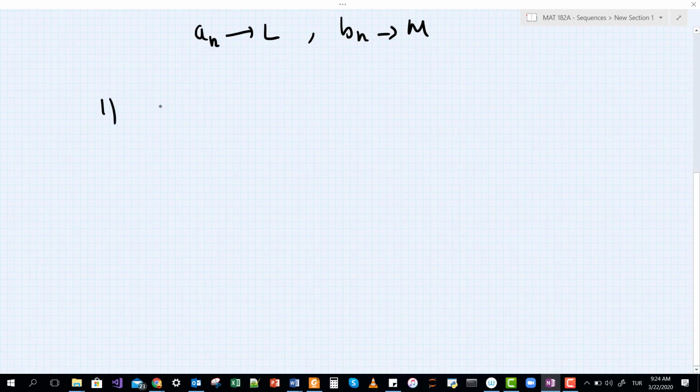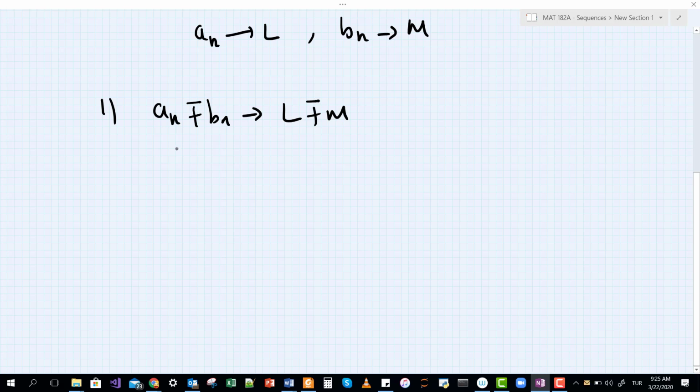If you want to know where they would go when you add them, obviously you expect they would go to L plus M. And then you can do the same thing for the subtraction operation, and also for the multiplication.